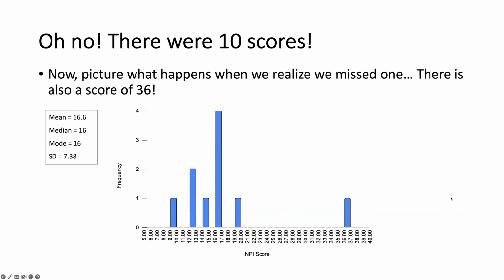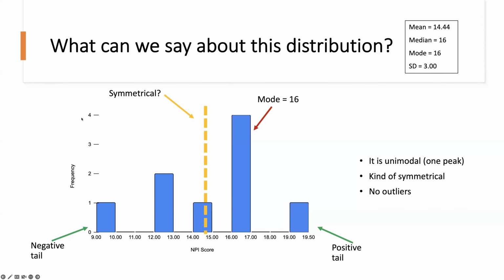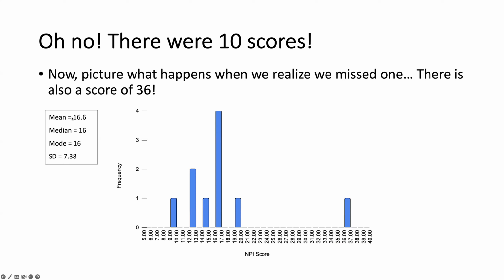Oh no, guess what? There were actually 10 scores. I forgot one. So now we have a score of 36 that should be in there. Instead of having a mean of 14.44, our mean has increased by about 2.2 points. Our median and mode stay the same, and our standard deviation has increased a lot. Now we have this really high score, from a person who scored very high on the narcissistic personality inventory.